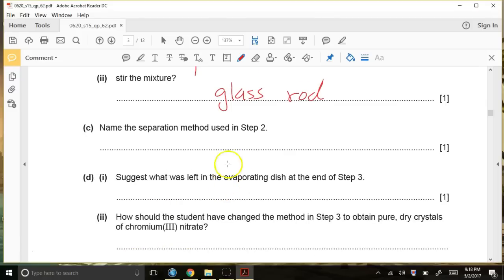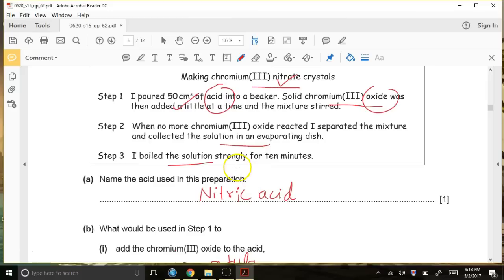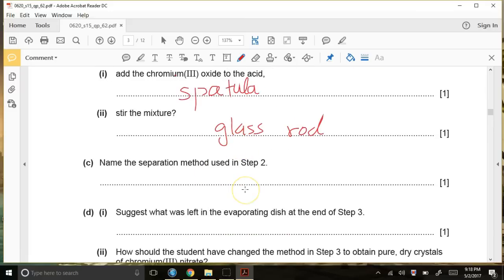Now the question says name the separation method used in step 2. You must understand, when they said no more chromium oxide was added, how would you know that no more chromium oxide could be added? That's when you start seeing some unreacted chromium 3 oxide, which would be in solid state, which means to remove a solid from a liquid, you'd carry out a process called filtration.